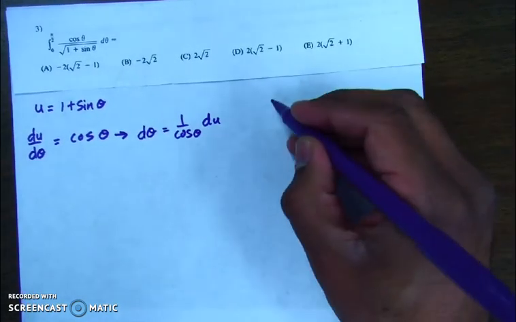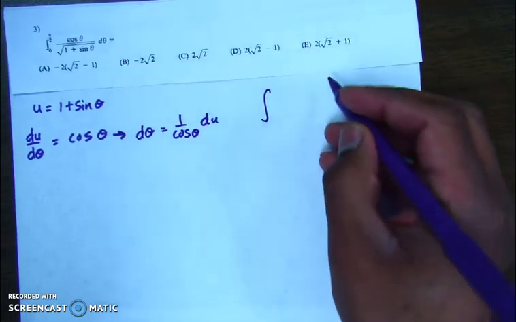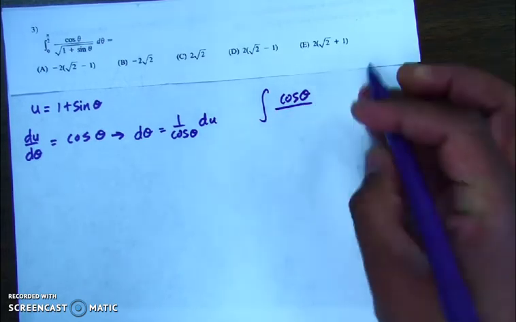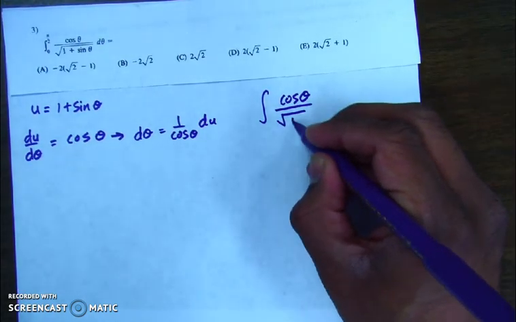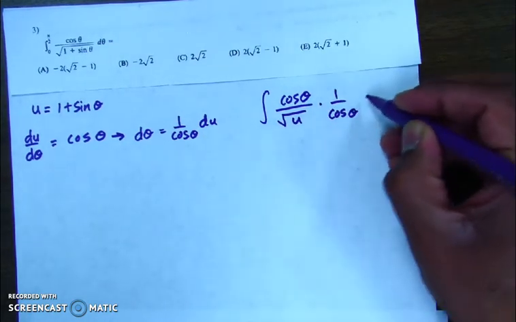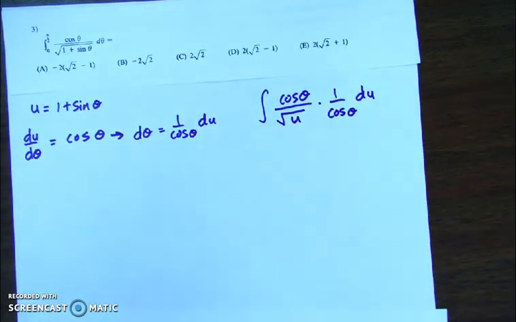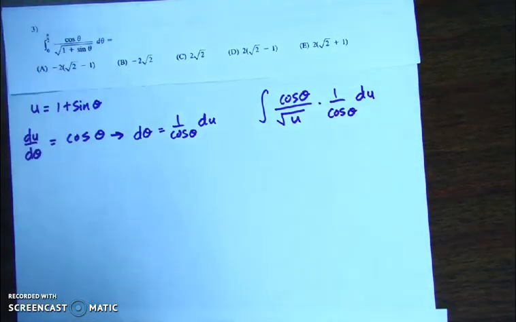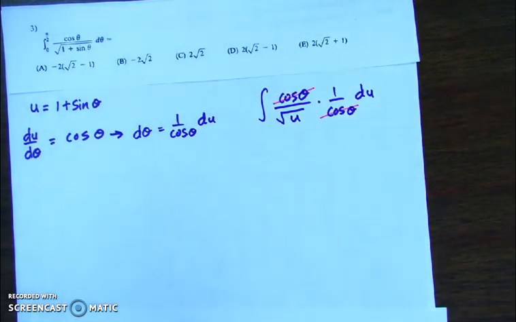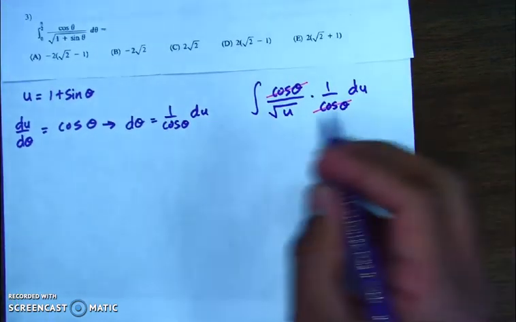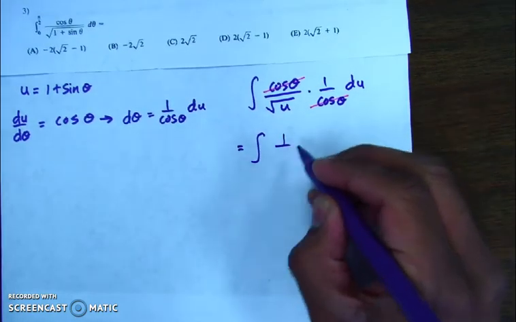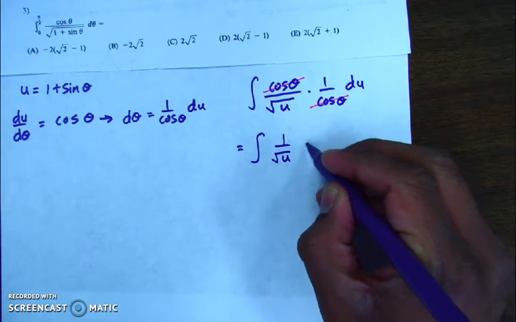So now what I have here is the integral of cosine theta over the square root of u, and I'm going to go ahead and show my work this time. I didn't really show this work in problem number 2, but hopefully showing the work will help some of you see how the cosine in this case cancels out. And we're really just looking at a similar integral as the last time.